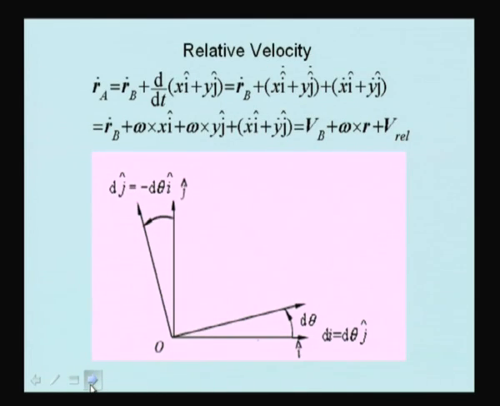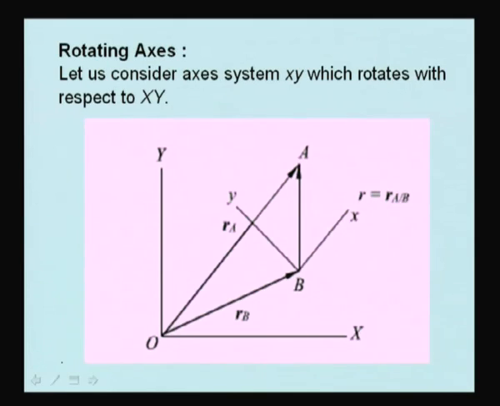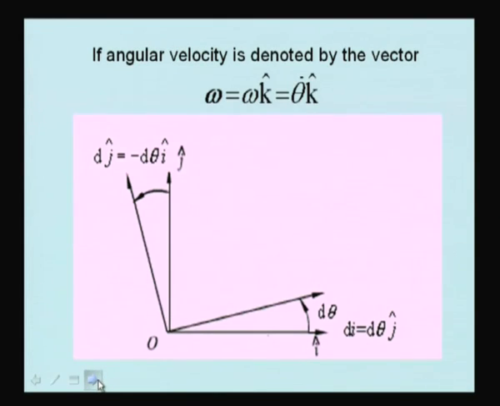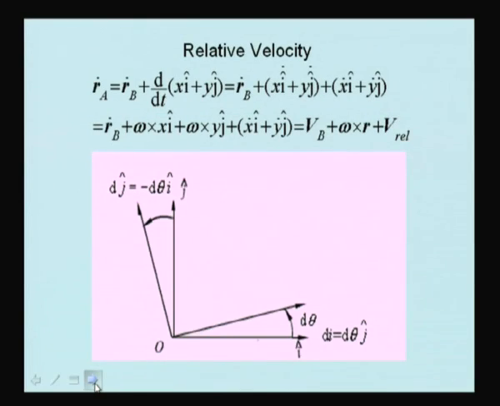Now the relative velocity of the point A with respect to the moving frame xy can be found by differentiating the basic relation: r_A is equal to r_B plus r_B/A.